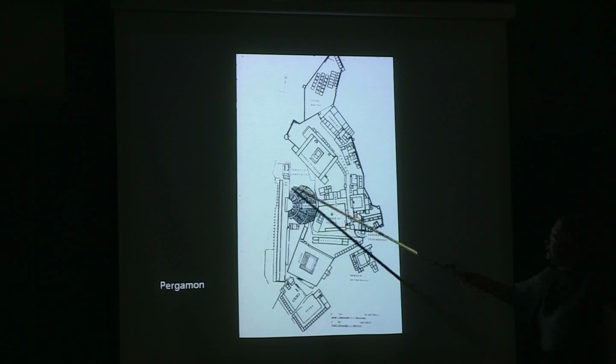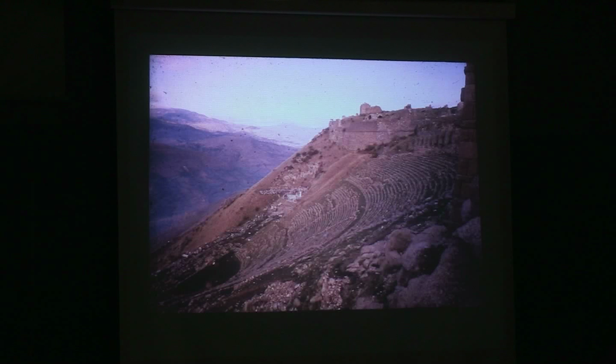But we have the focus in the grand theater here, giving us a spectacular instance of what we call scenographic planning. A planning which heightens the effect of a dramatic landscape. And perhaps the most impressive case of that in the Hellenistic world is to be seen in Pergamon.